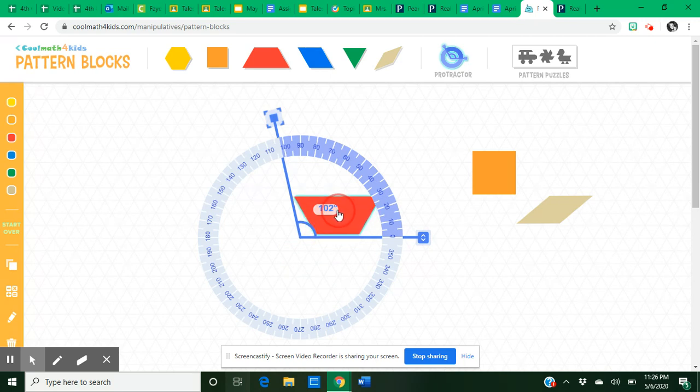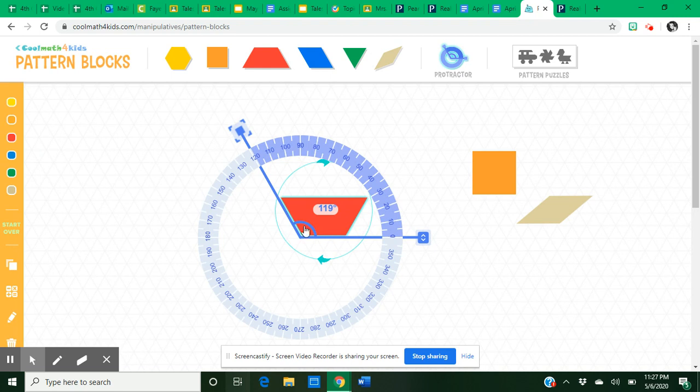So what I'm going to do is put the bottom flat on here again, and then I want to line up this one. So I've got to pull it out a little bit so that I can get it lined up the way I need it to be. Okay, perfect.